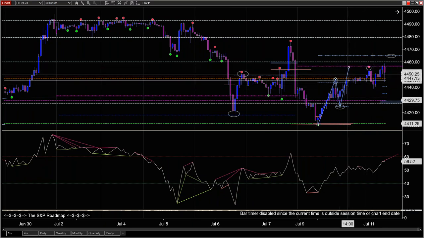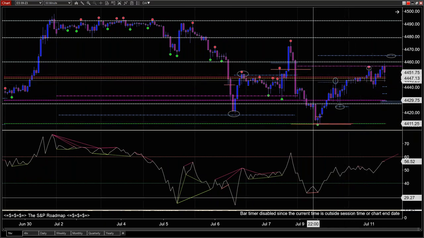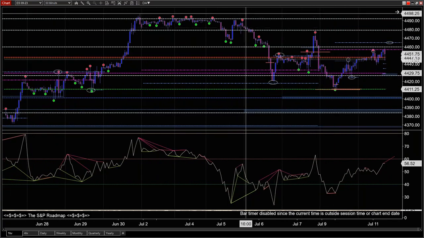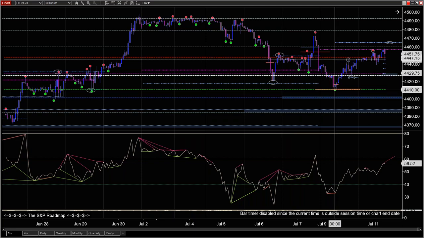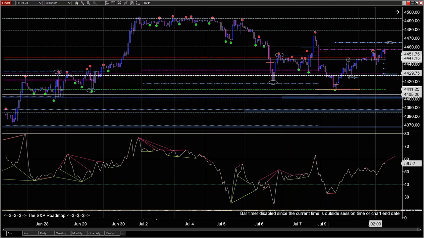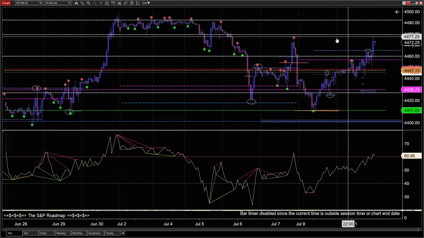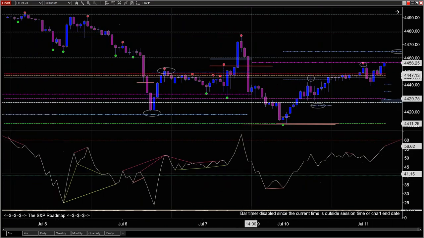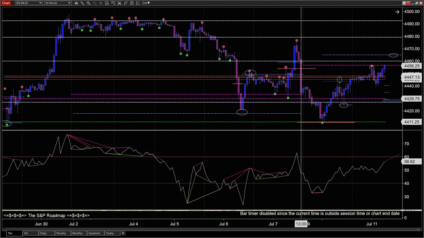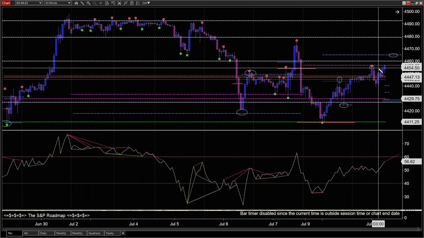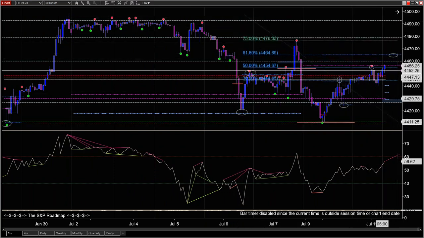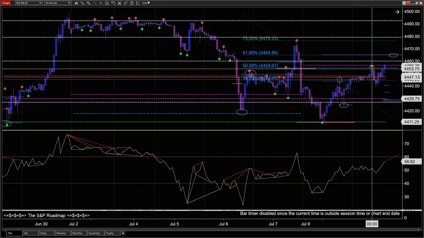Okay, so let's look at this from the perspective of fibs. Again, drawing the fib from the high of the year all the way down to Monday's low here. Look what happened at the 50% retrace in the overnight session. The high of the overnight session for a little while there was the 50% retrace, again, nearly to the tick.